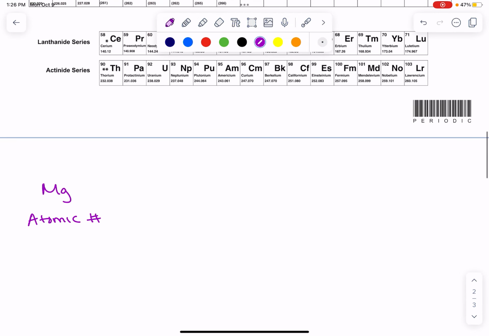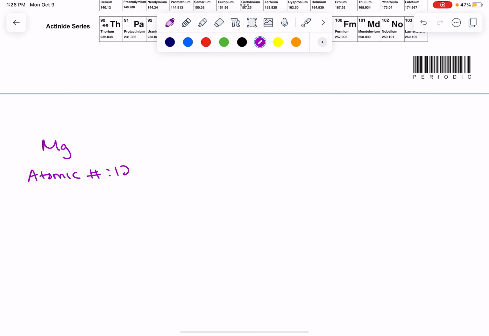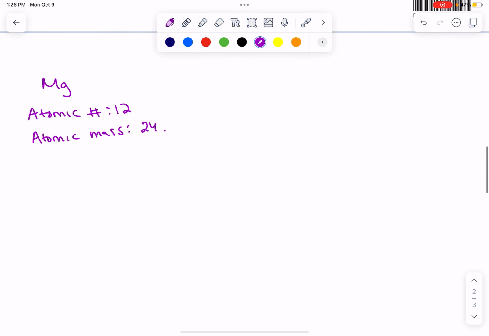Atomic number we said is 12, and atomic mass is 24.305. So from this, we can say that the mass number rounds to 24.